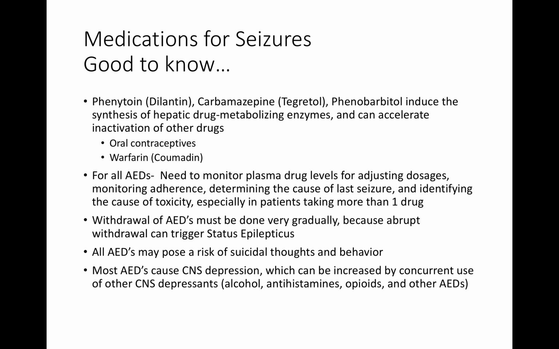Medications for seizures, and very good information to know. I've compiled a couple things here for you. Dilantin, carbamazepine (Tegretol), and phenobarb induce the synthesis of hepatic drug metabolizing enzymes.